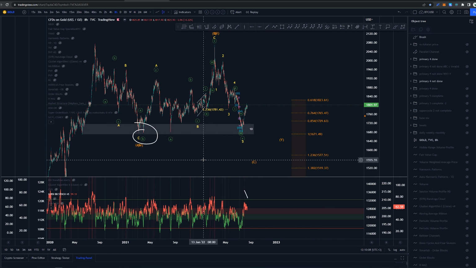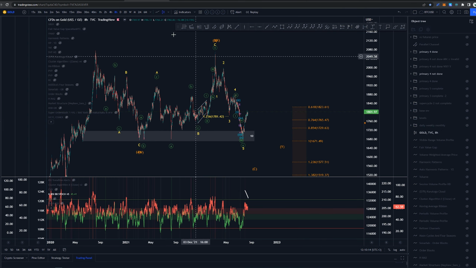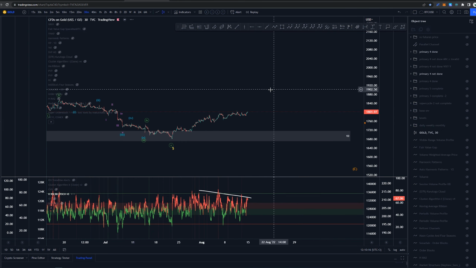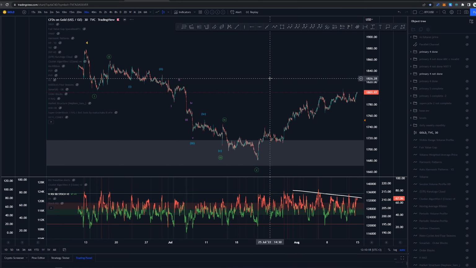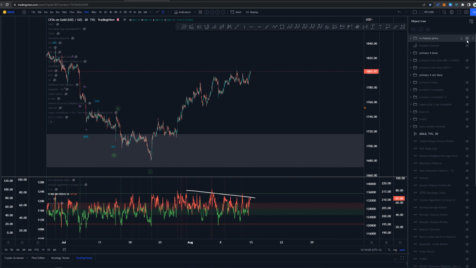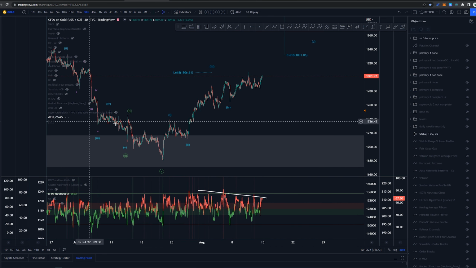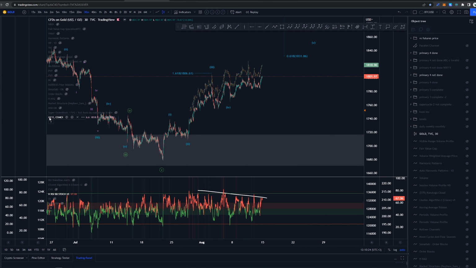But let's take a look at the closer timeframes to check out what we actually had on the previous week. Now I wanted to mention that I am tracking the futures market as well here.